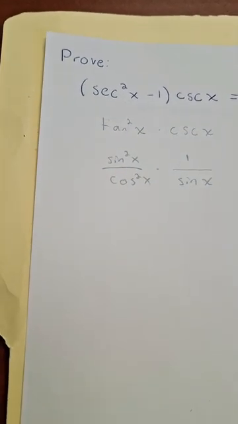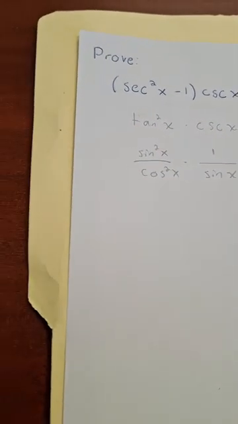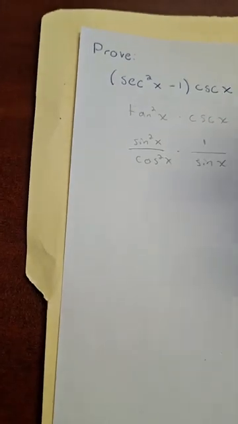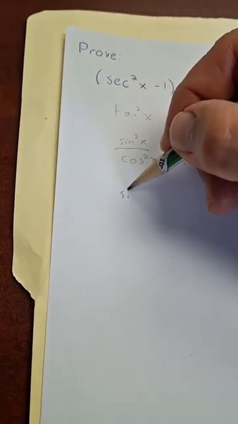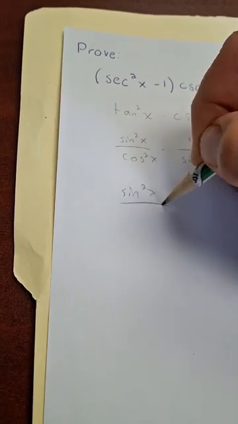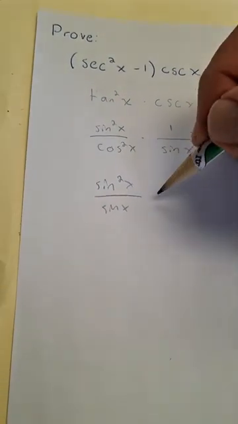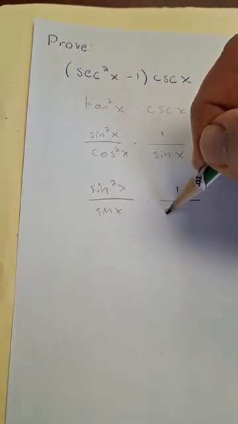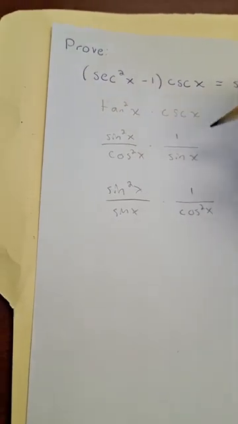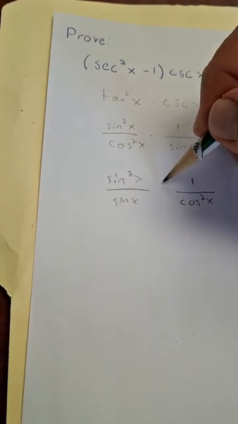Now we can regroup this as sine squared of x over sine of x times 1 over cosine squared of x. I'm just multiplying in a different order.